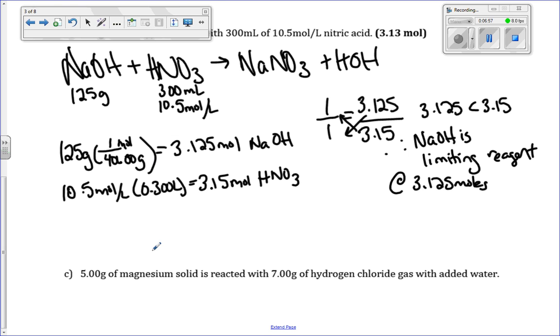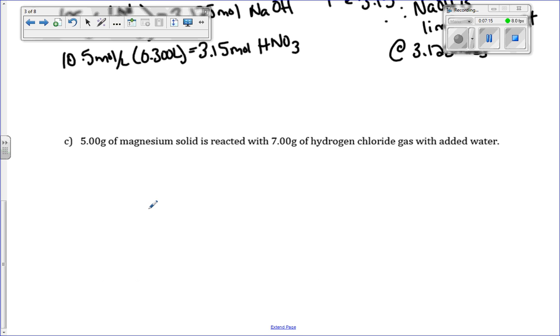This one here says 5 grams of magnesium solid is reacted with 7 grams of hydrogen chloride gas with added water. So here we see the first step, again, is to write out our balanced reaction.